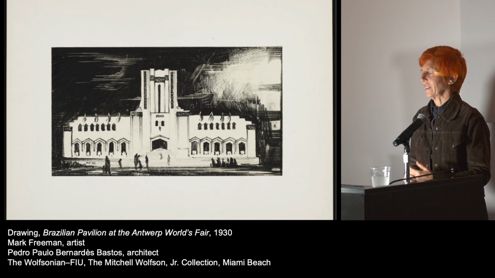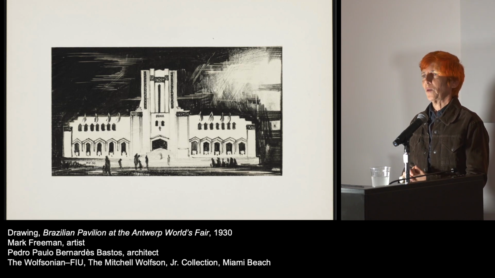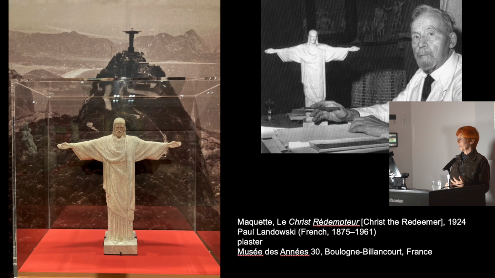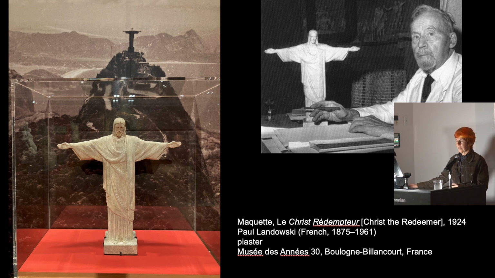And we can't forget that probably one of the most famous monumental statues in the world was done in Rio by a French Art Deco sculptor, Paul Landowski. We don't have anything about him except for a medal, but it's not much deco. So I just wanted to show you the maquette, which is preserved in the Musée des Années 30 in Boulogne-Billancourt, just next to Paris, and is very similar as a collection to the Wilsonian, and they have a big archive of Landowski.